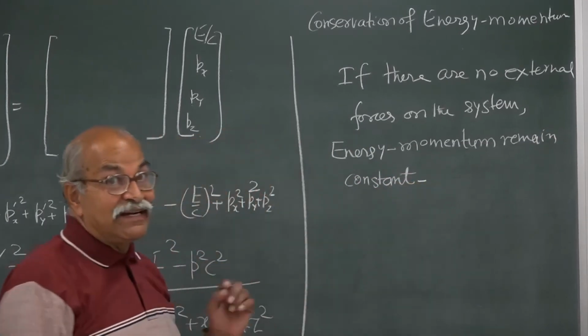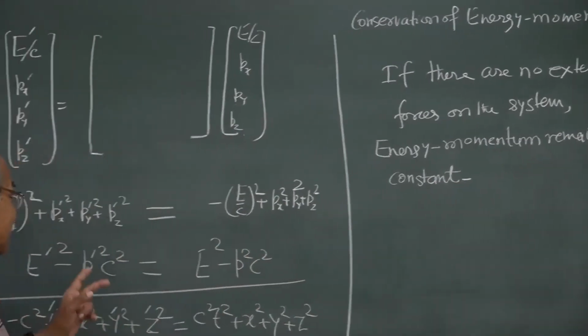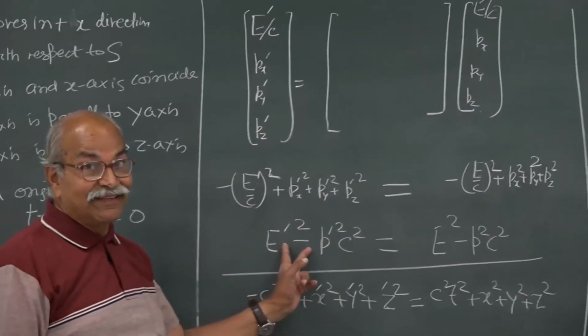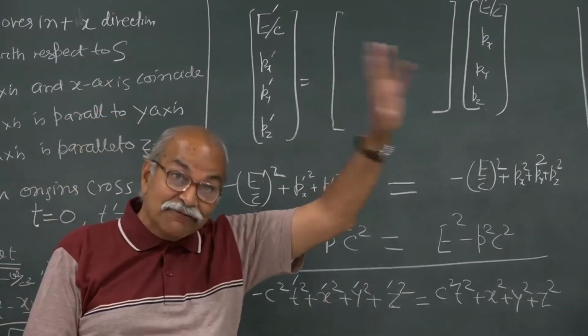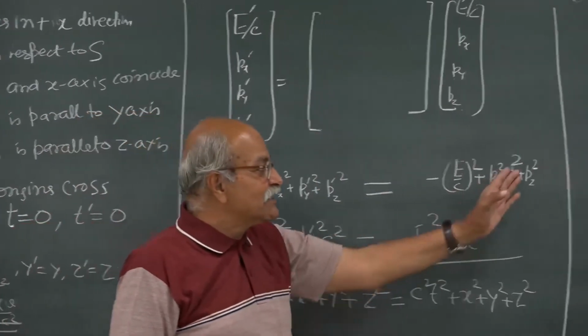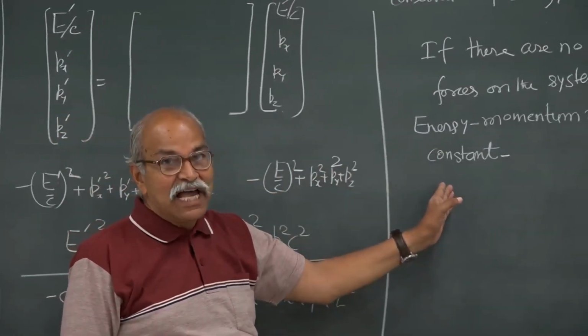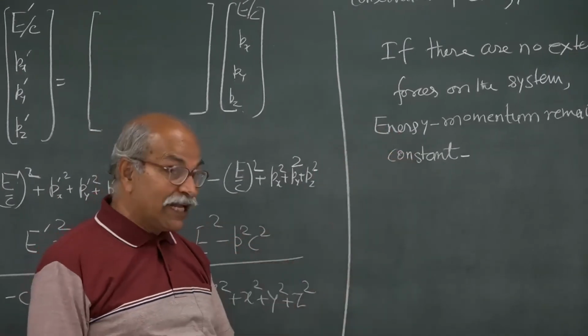Distinguish between invariant and constant. When I say that this is invariant, I have in mind going from one frame to another frame, and this quantity does not change. When I am saying this is constant, I have in mind that I am using the same frame.